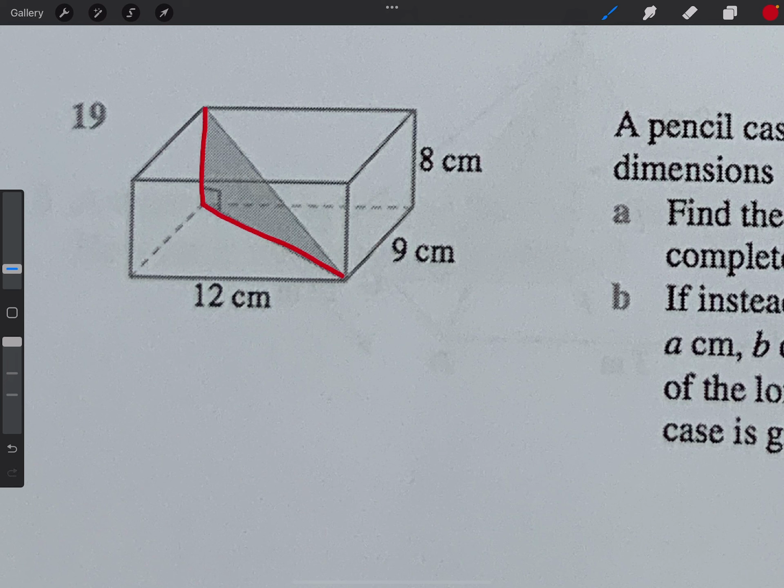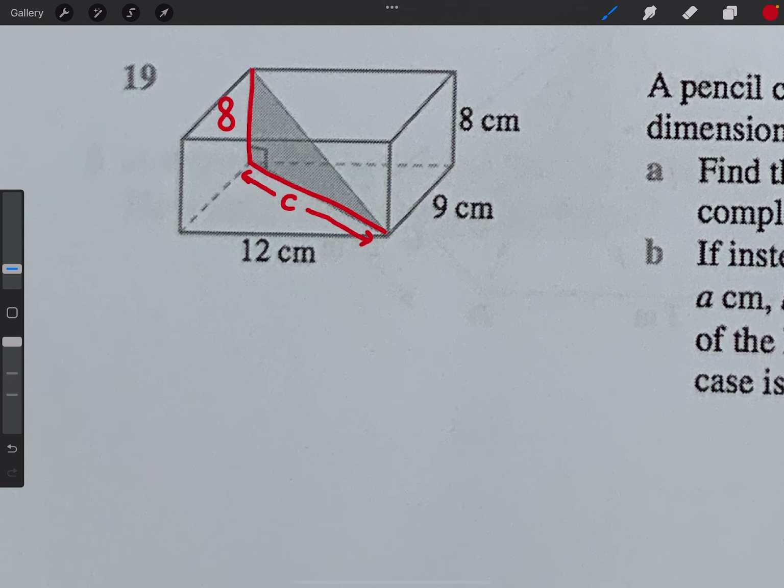Before we can find that distance, we need these two distances. Let's look at what this distance is. This is 8, and that must be 8 as well. Now this distance, I'm going to call it C. We don't have this distance yet, but we'll find out.